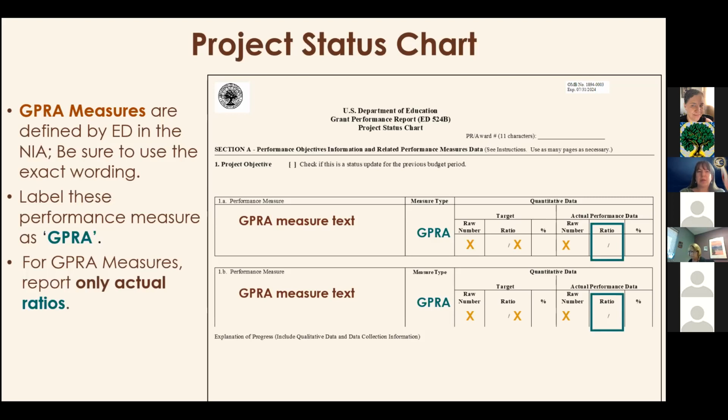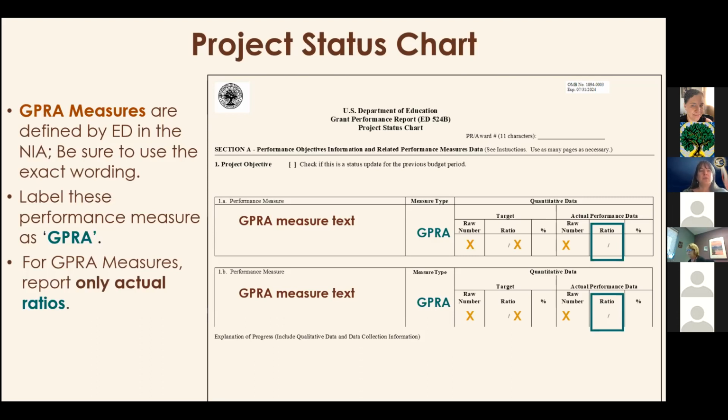You might find that it's pre-populated in G5, but in case it's not, all you have to do is copy and paste that exact wording of the GPRA measure into the space where it says GPRA measure text. These are all labeled GPRA in a little drop down in the G5 system, so make sure it's labeled correctly.